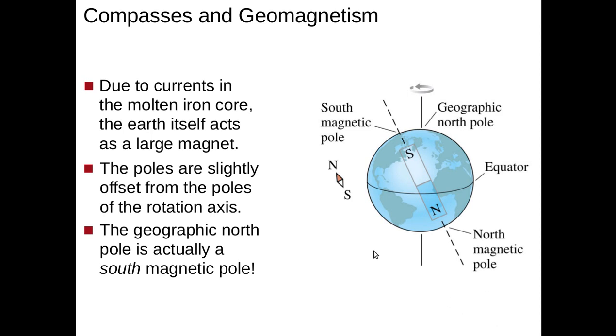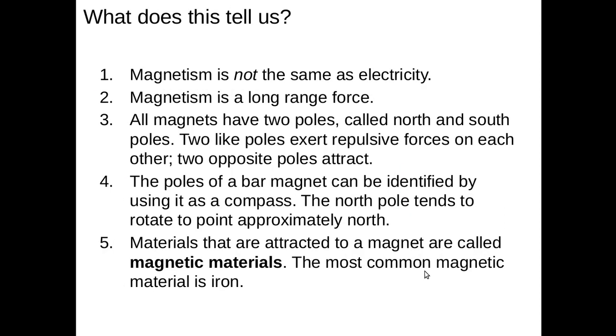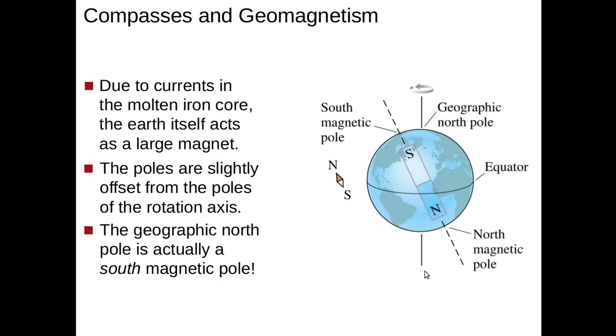So this is a diagram of our planet. If you ever did any land navigation or hiking, you messed around with a compass before, and maybe you've seen that your compass doesn't point directly to the north pole of the Earth.